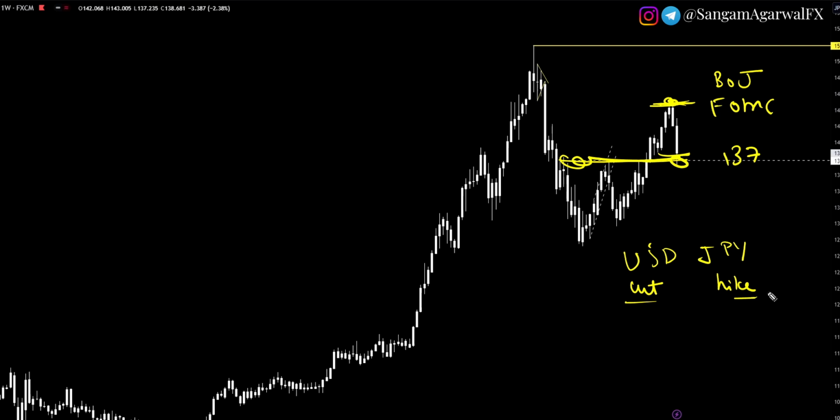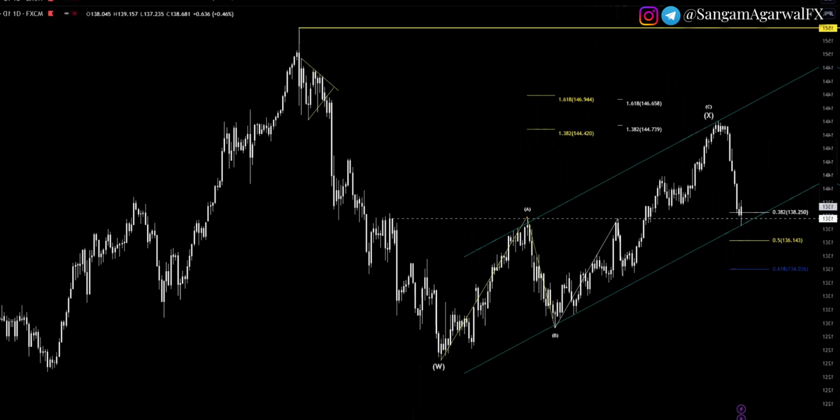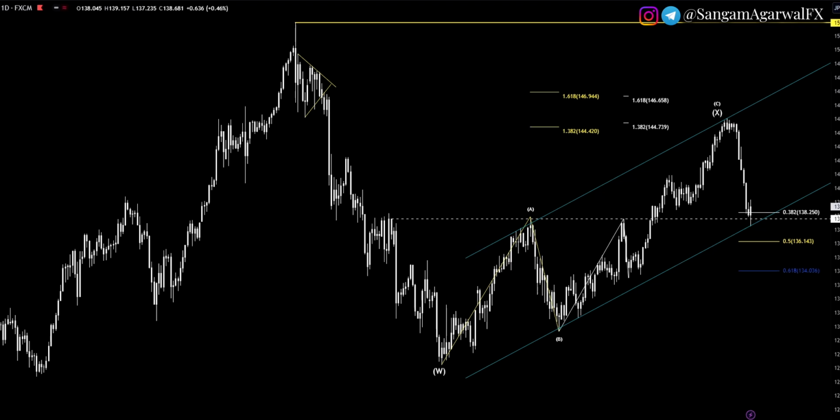So if Bank of Japan says no, then it can go up from this level, and if they give a signal for a hike and Fed for a rate cut, then immediately this 137 level will break. In the last video, this pair was trading near the 144 level, and now it is down vertically.